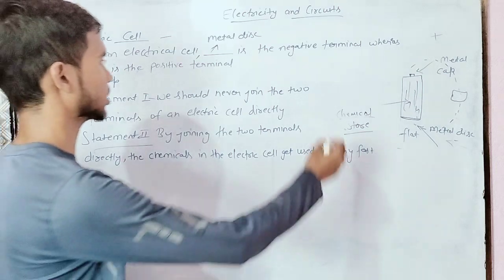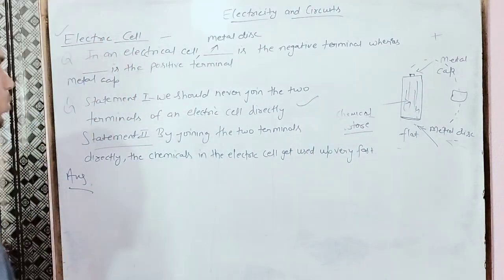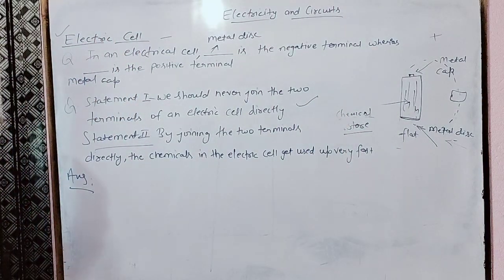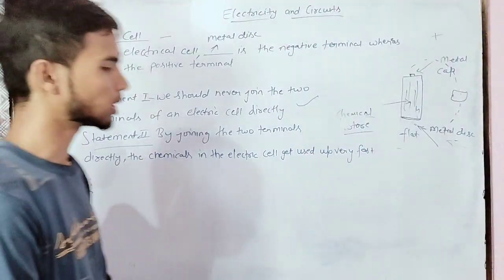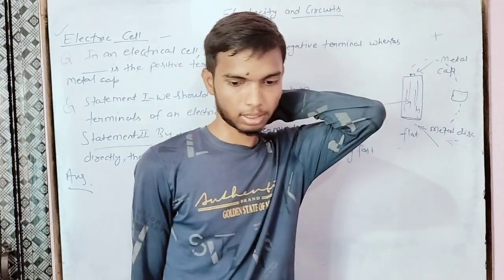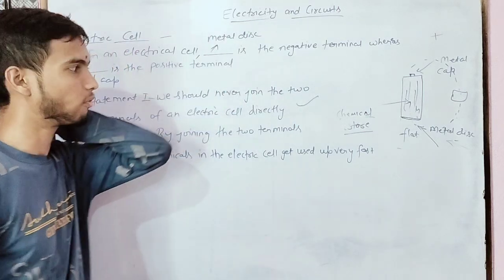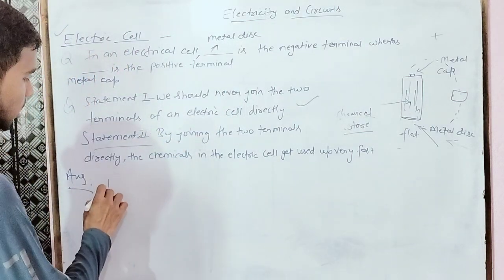So yes, this is correct, because we should never join the two terminals of an electric cell directly. We can use a wire. So both are correct.